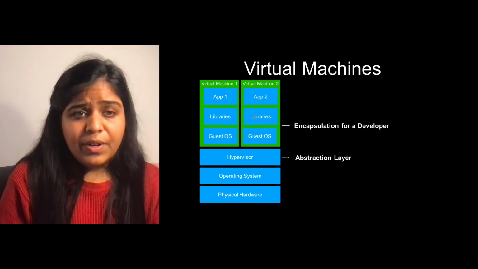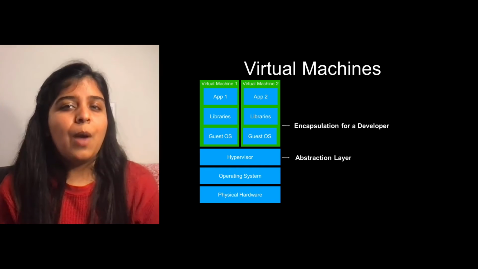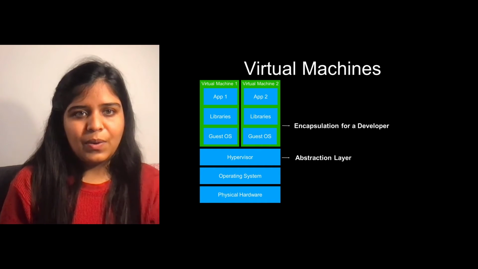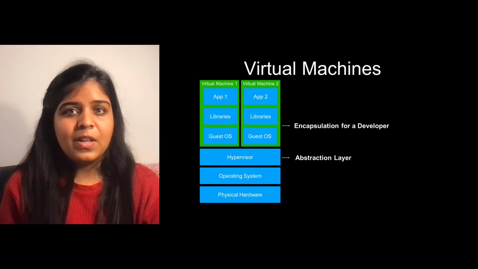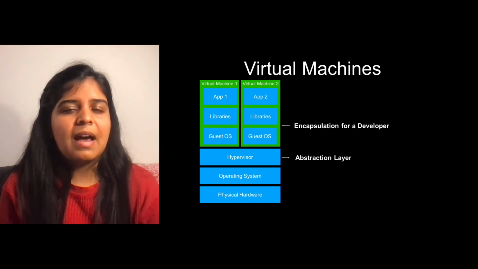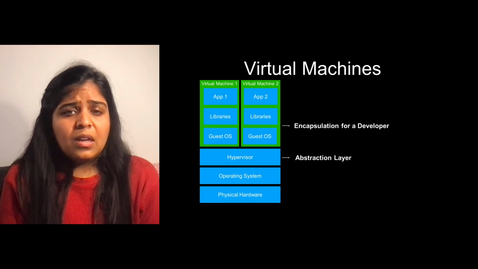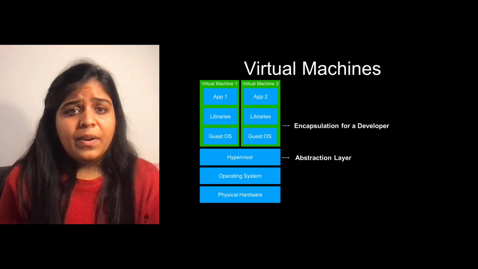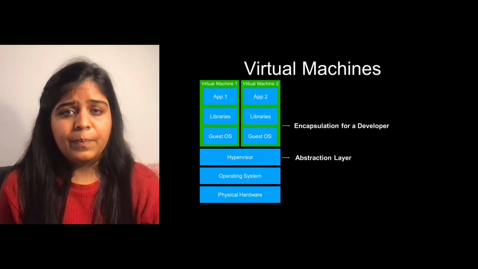Now, however, each of these virtual machines still needs its own operating system, which means they need a dedicated CPU, a dedicated RAM, dedicated memory, etc. So all these physical resources still have to be real. And if you're like me, you're thinking, hey, I just wanted to launch one app. Why did we create a whole different operating system to do it?